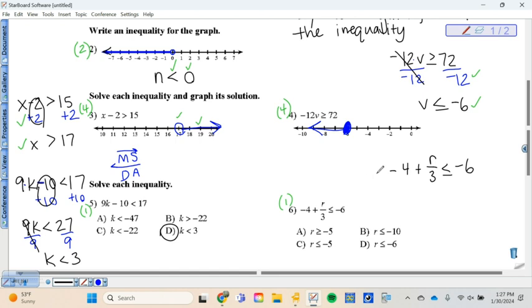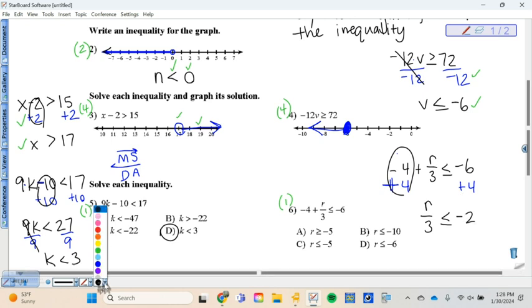So if I wanted to undo it, I'd have to subtract the negative number, but really that's just adding, right? To get rid of -4, I just add 4 to both sides. Okay, my 4's cancel. I've got r divided by 3 is less than or equal to -6 plus 4.